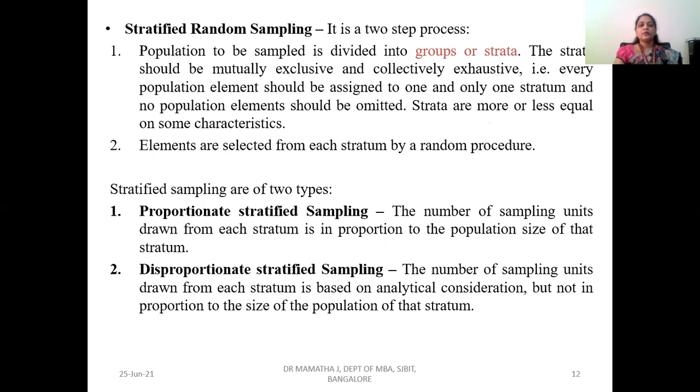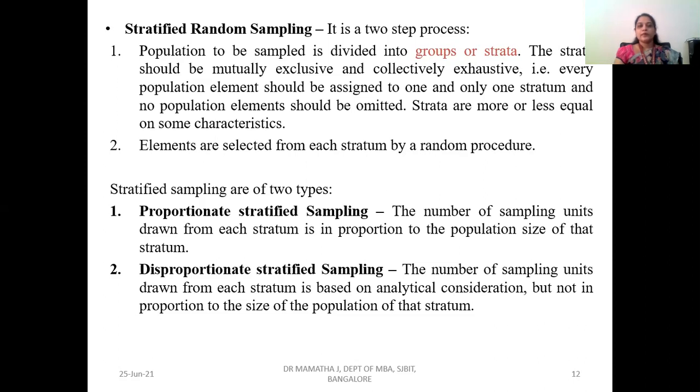Inside the group, you will have all the elements which share common characteristics, and you are creating a number of strata based on similar characteristics. So the characteristic of this type of sampling is that inside the strata, inside the group, you will have elements sharing similar characteristics, but the strata differ from one another.